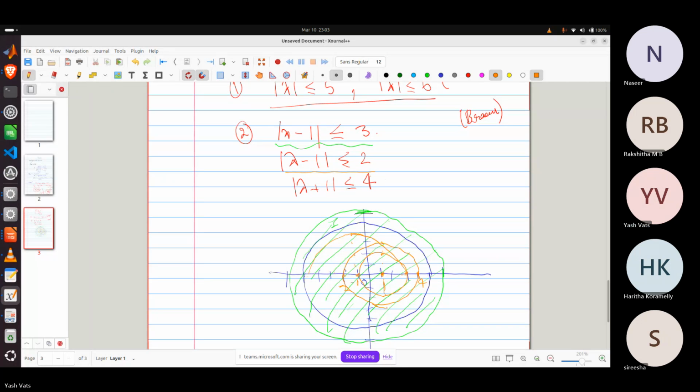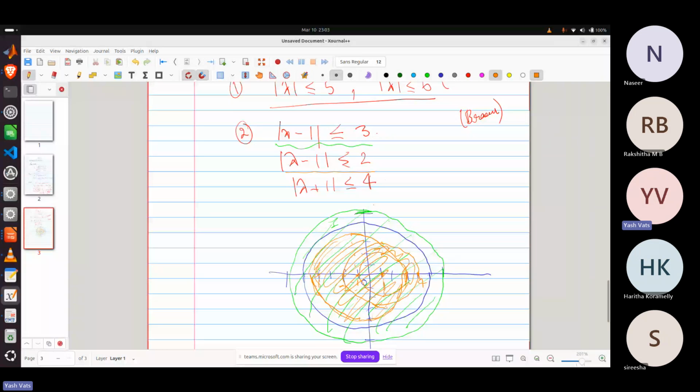And this 1, 2, 3, 4. So this one. So the union will be this region. Now check which region is. Now you have to take the intersection of both. So this region is qualifying. The orange region is coming.